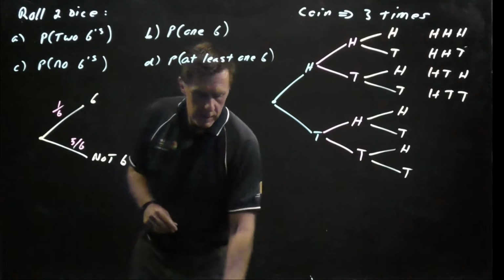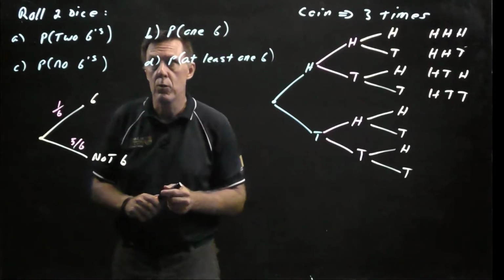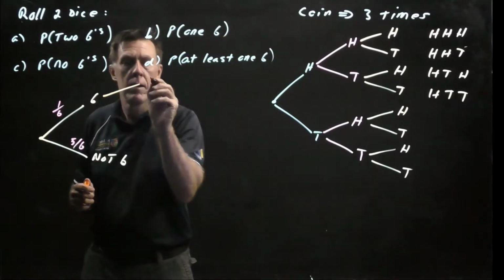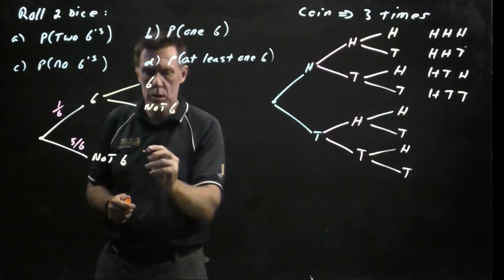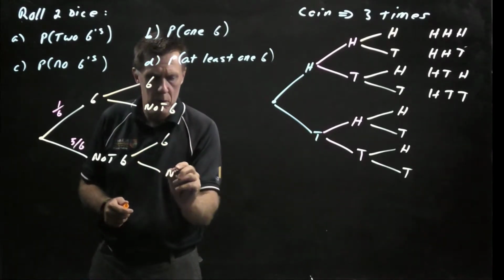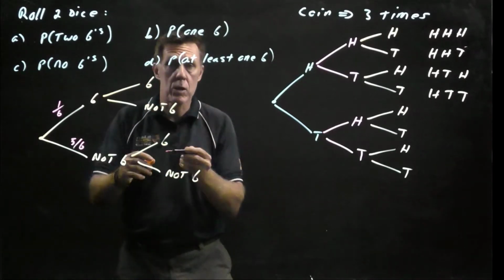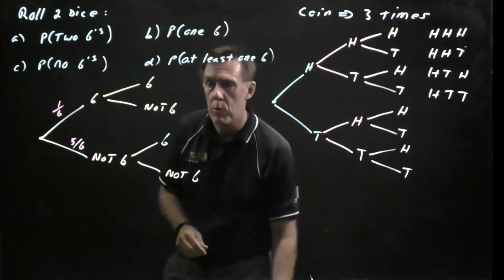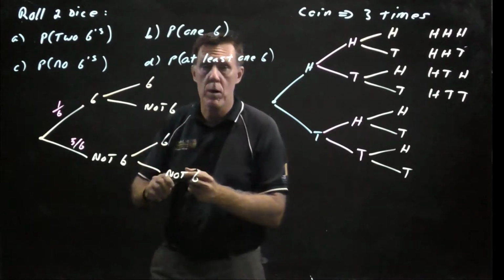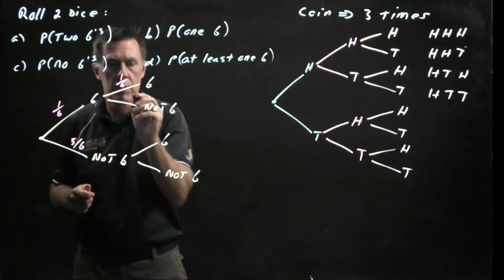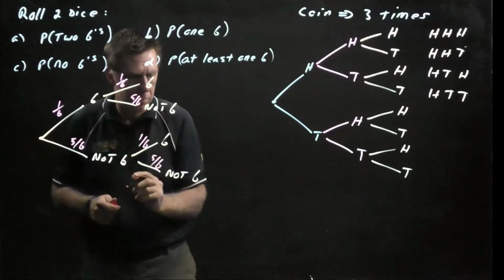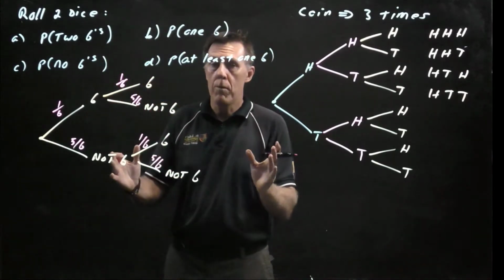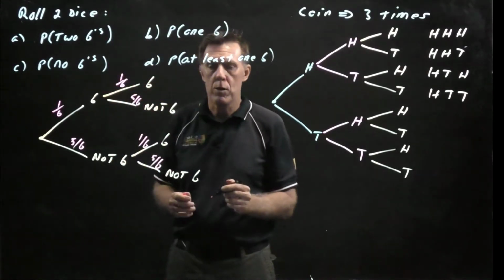I then branch out into all new possibilities for the next roll. 6 or not a 6. Once again, 6 or not a 6. And I go through and write the probabilities on those branches. I now have all the information I need to answer these 2 questions.